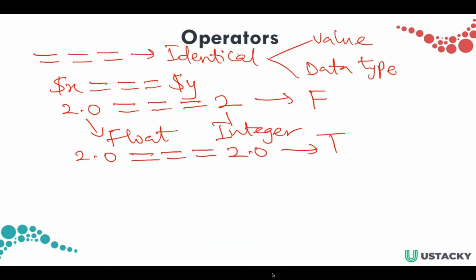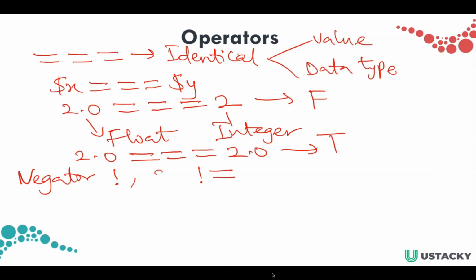We can negate some of these operators and conditional statements by using a negator. Negator is written as an exclamation mark. For example, if you want to negate the double equals to sign, it will be written as this.